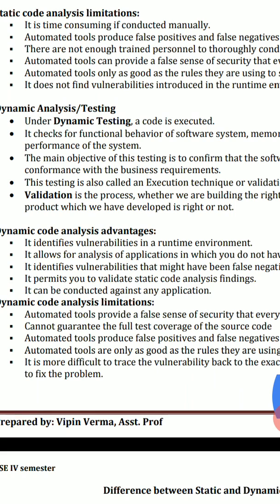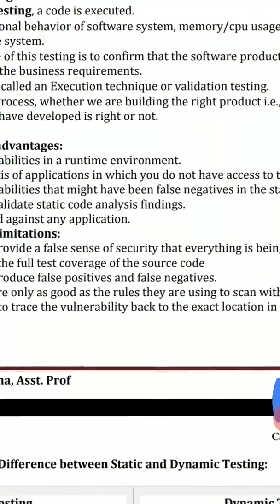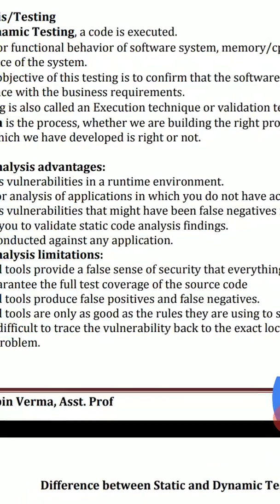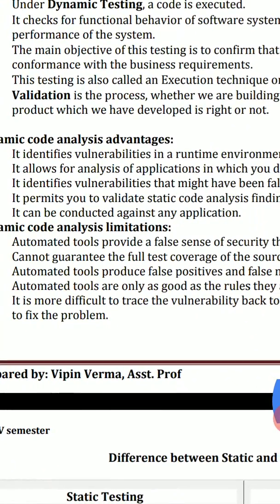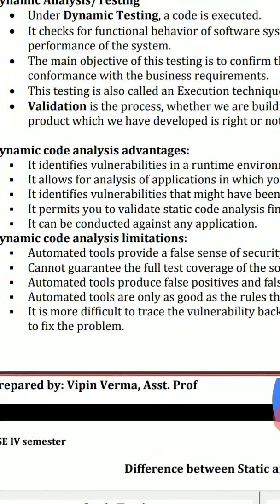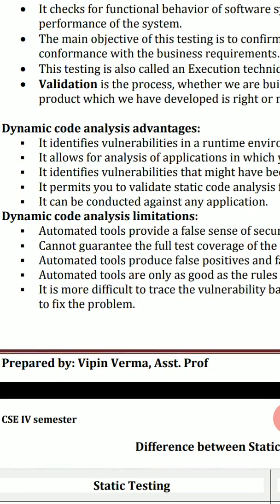Okay, then dynamic code analysis limitations. What are the limitations of applying dynamic code analysis? Automated tools provide a false sense of security that everything is being addressed. Similarly, they cannot guarantee full test coverage of the source code, and the automated tools produce false positives and false negatives similar to static analysis or static testing.